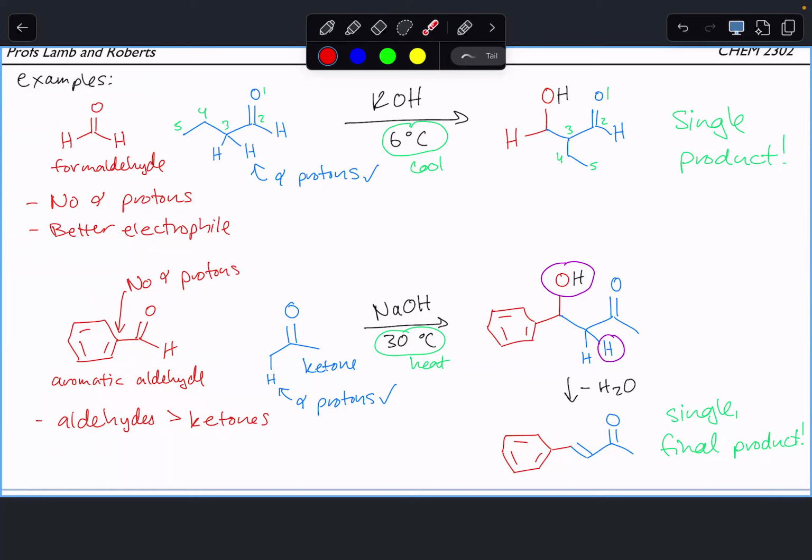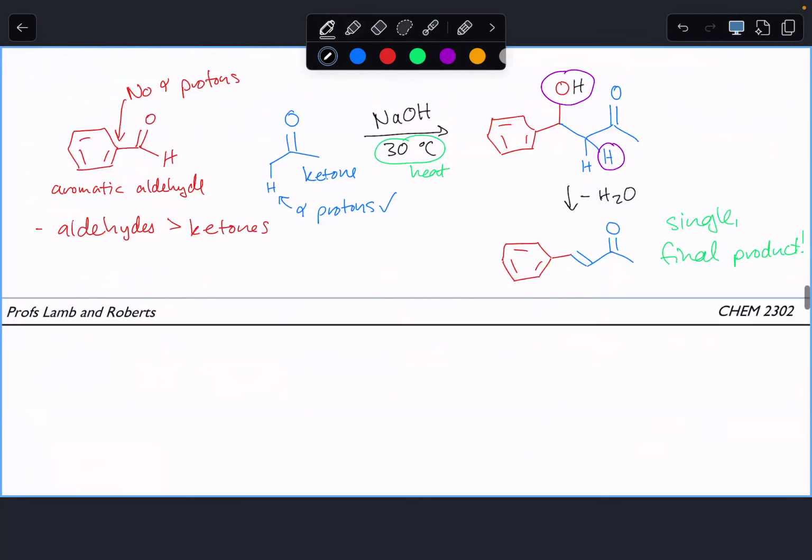Okay. So what if you want to make the aldol product where both of them can form an enolate, or where one of them is not a better electrophile? That is the last big variant that we're going to learn, which is using LDA.